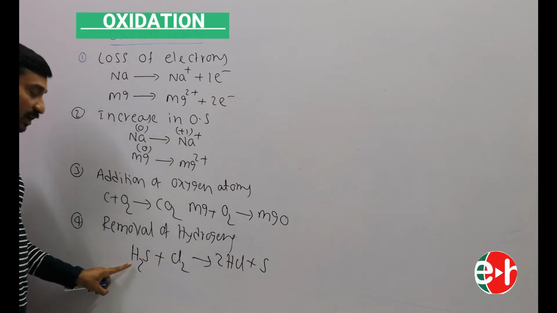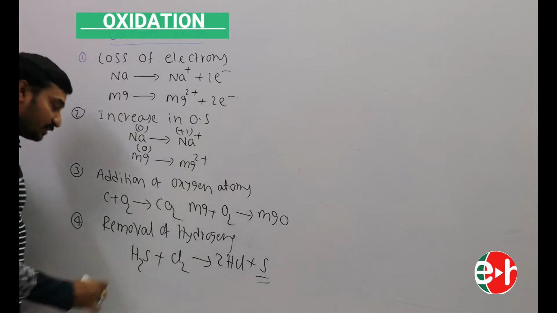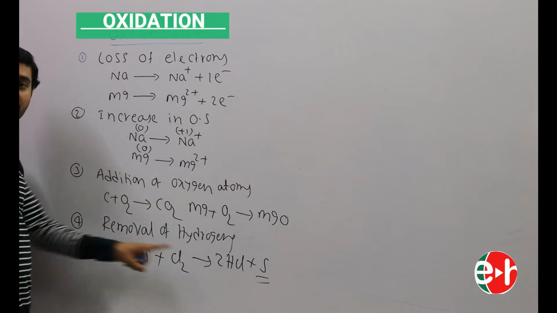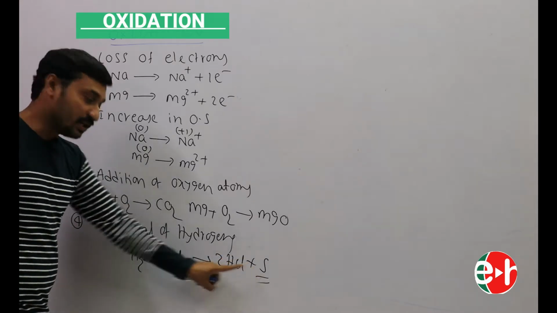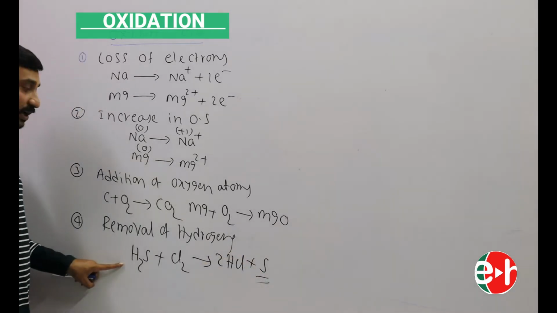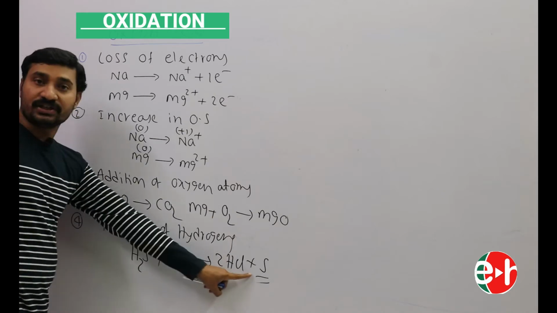Here two hydrogens are removed from H2S. That's why removal of hydrogen is also oxidation. So H2S to S is oxidation, because two hydrogens are removed from H2S and converted into S. Addition of oxygen atoms, oxidation, or removal of hydrogen atoms, oxidation.